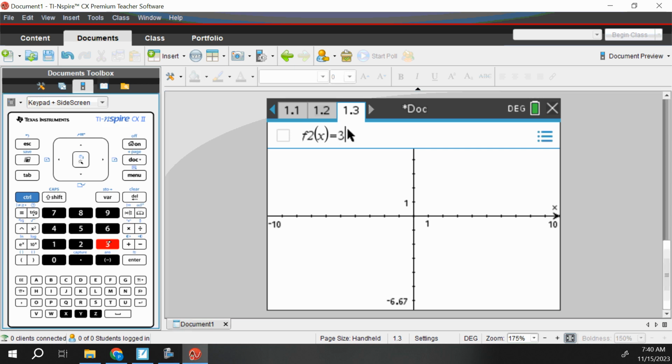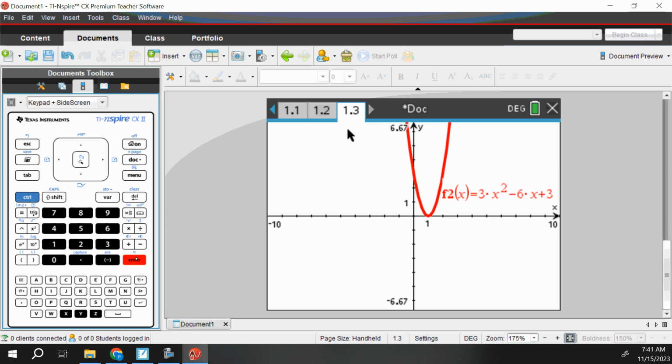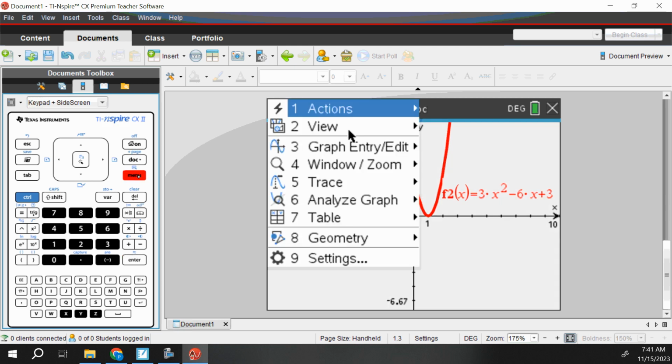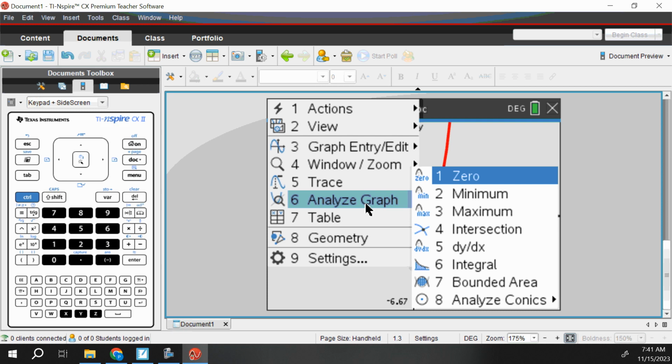We can put our equation in, the 3x squared minus 6x plus 3. We'll do menu, analyze graph, minimum.